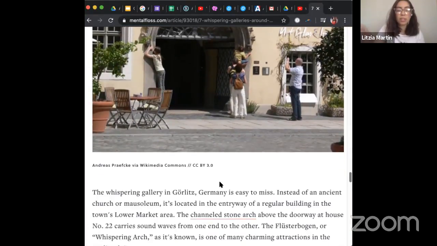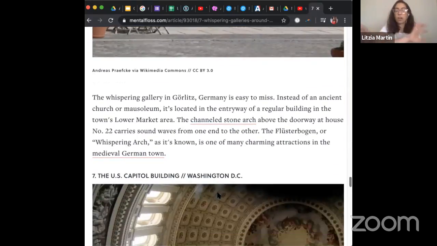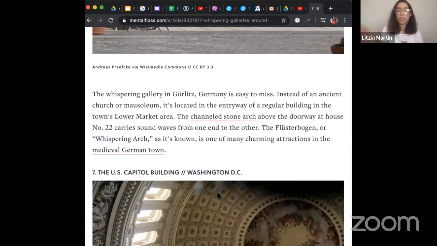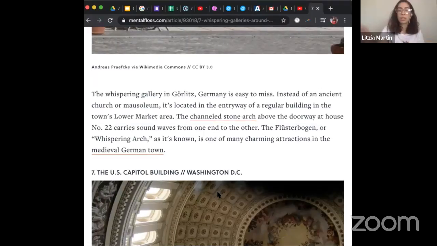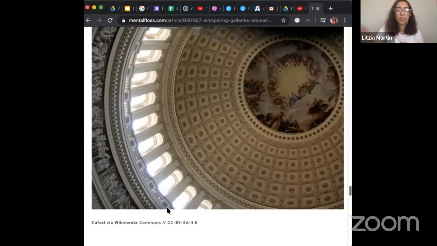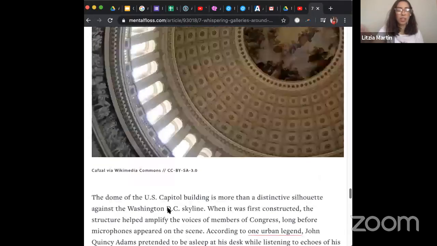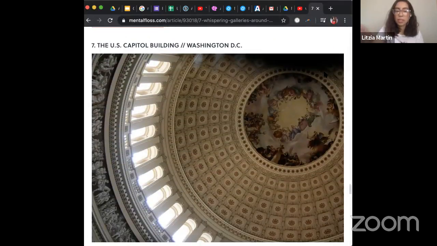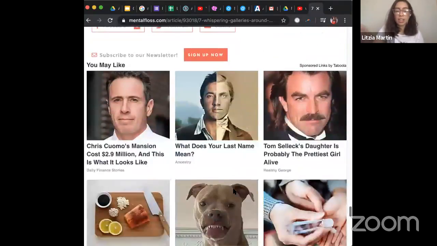That's another example where the architecture is curved, and so the sound is carried through. The US Capitol building. That's the example we're going to see in the video.